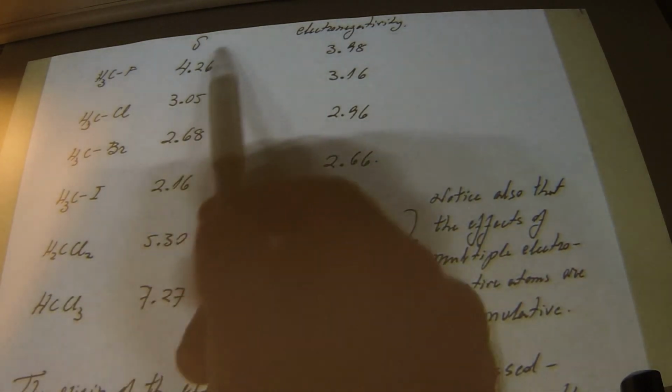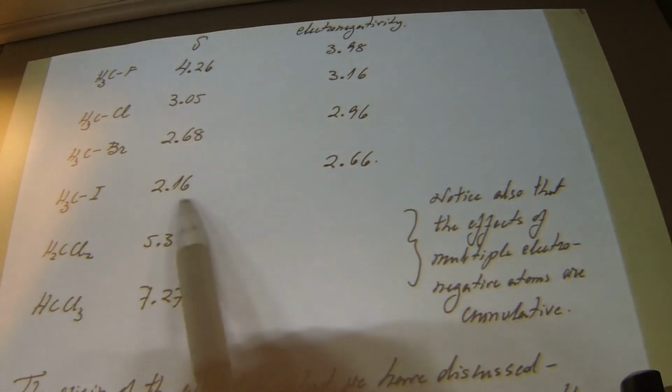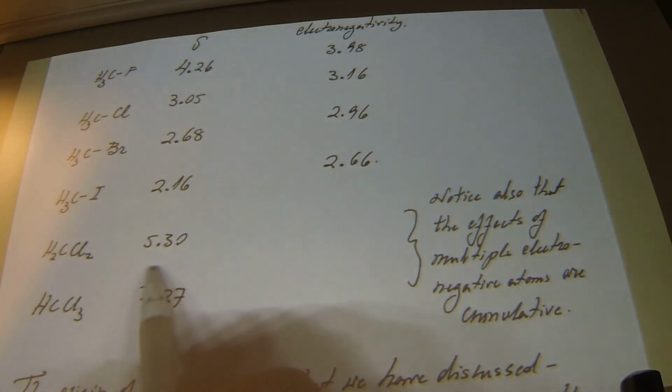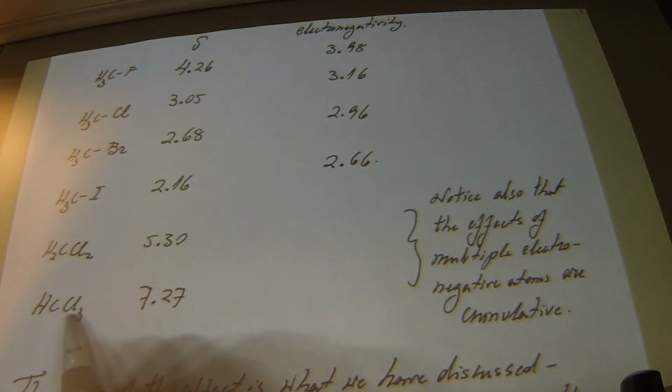And so this is the kind of correlation that allows you to determine structure, because these effects are also additive. So if there are 2 chlorines or 3 fluorines, the effect of each chlorine de-shields the proton more and more. And you can say, well, how do I know that?